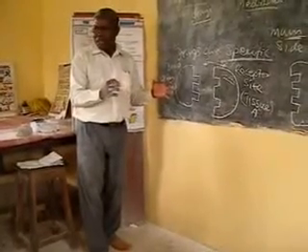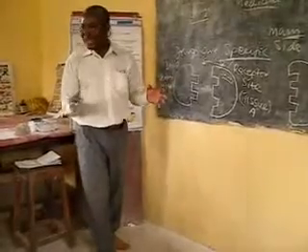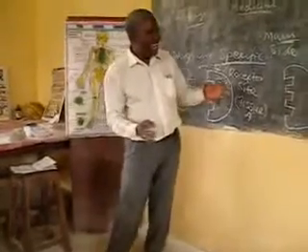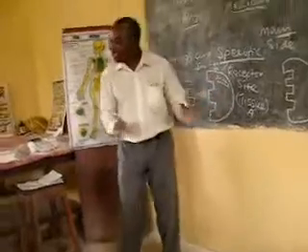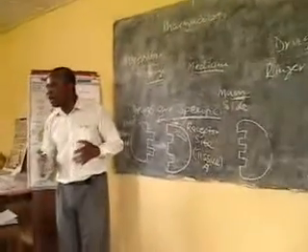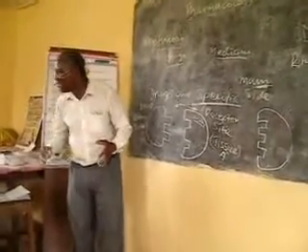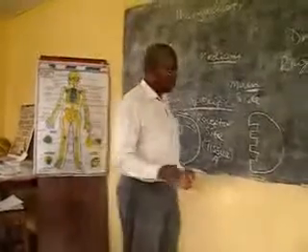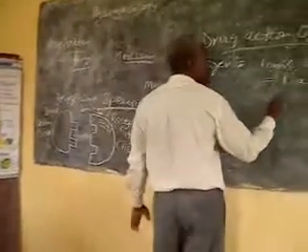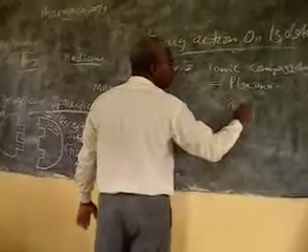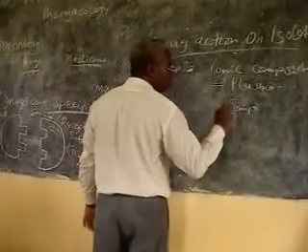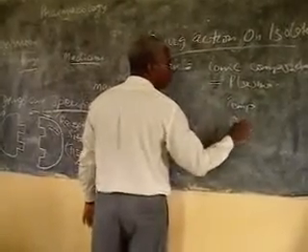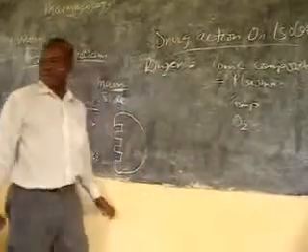Now, we all know that it's not only the ions in the plasma that the tissue will need. We also need a correct temperature. The temperature must be right. And of course, oxygen too must be blown in.